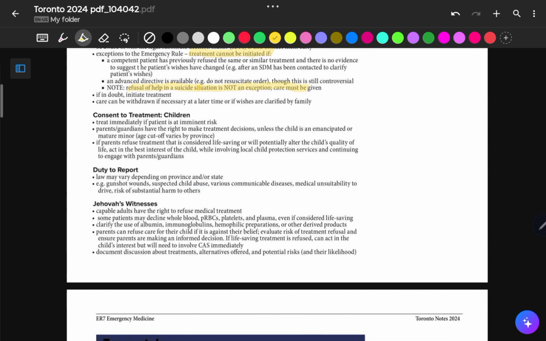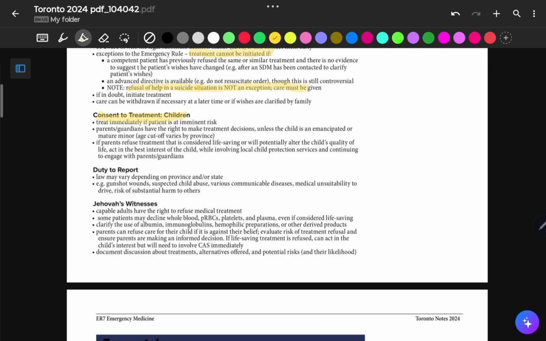Now for children. For children, you have to treat immediately if the patient is at imminent risk. Parents or guardians have the right to make treatment decisions unless the child is mature. So if the child is a mature minor, depending on the province, then they can make decisions for themselves.